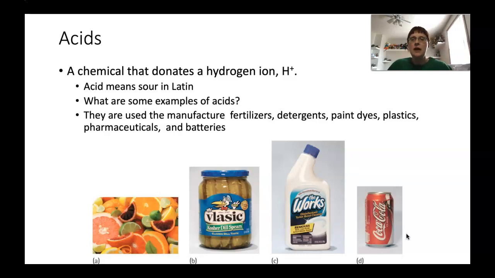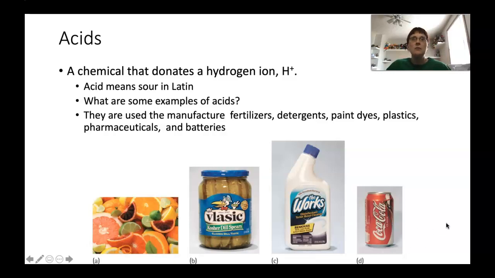As you can see here, we use them in the manufacture of all of these different materials, and some of them are used straight out as their own product. Like I said, you've got the acetic acid, the vinegar that's in pickles, and we've got acids in cleaning products, like what we find here in the toilet bowl cleaner.